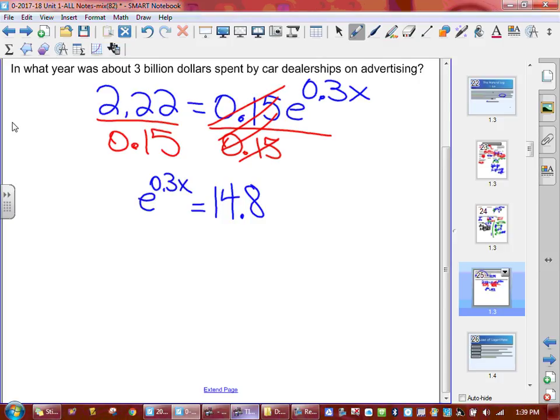But the only way to get this x from the exponent is to ln it. That's why we do these. So, we need to ln both sides. That gets rid of it. So what that means is this. We are going to ln and do a switcheroo. So these switch places. We get rid of the e, and we say ln 14.8 equals 0.3x. It's just the switcheroo.